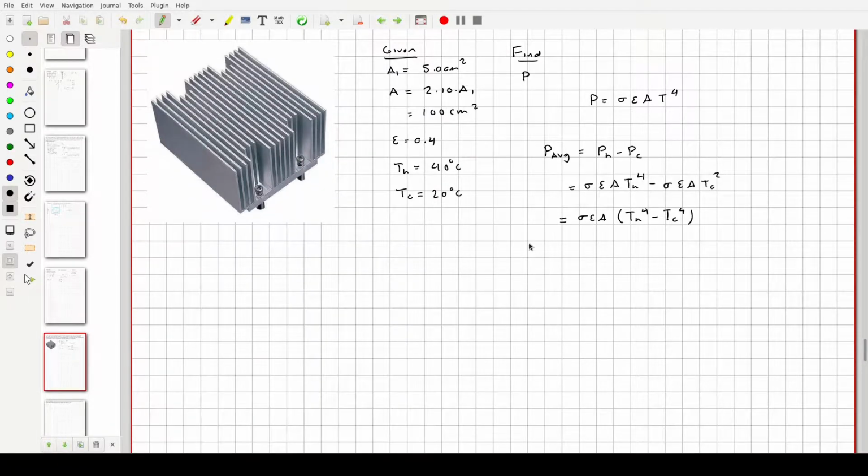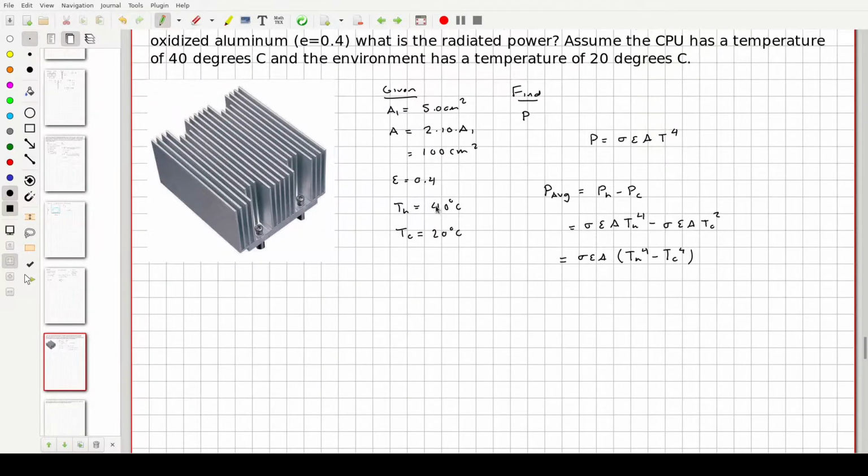Now, we have to convert these temperatures to Kelvin, because we work in Kelvin, and we also have to convert this to square meters. So let's do the area in square meters first. Here, it's 100 centimeters squared.